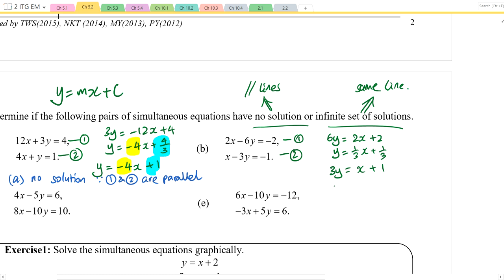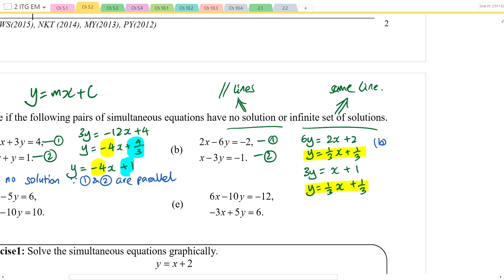Dividing by 3, we get y equals 1/3 x plus 1/3. And we see that, hey, these two equations are the same, meaning equation 1 is the same as equation number 2. Which tells us that for part B, the two graphs coincide.